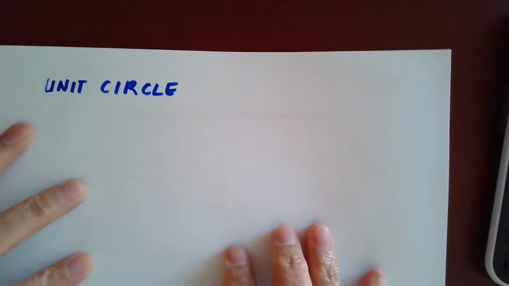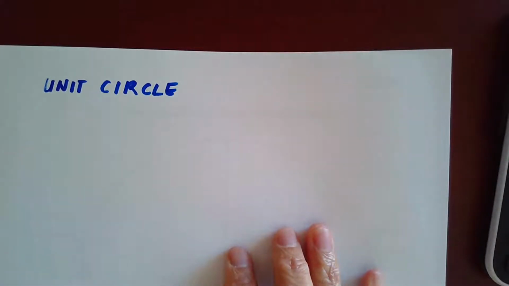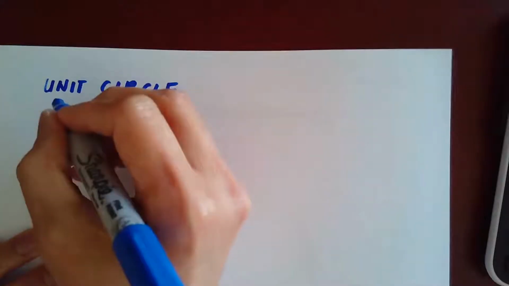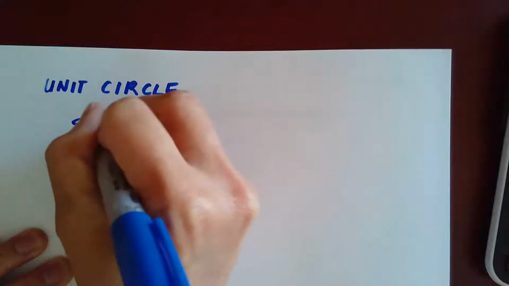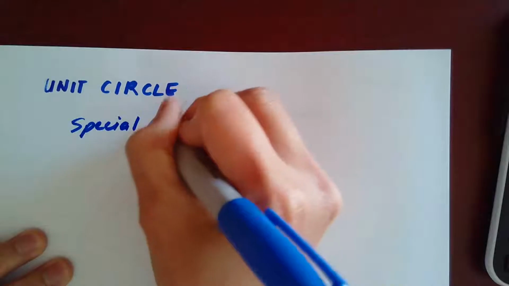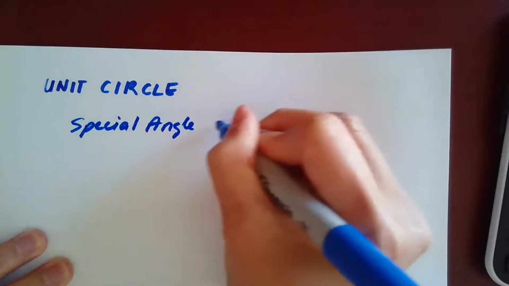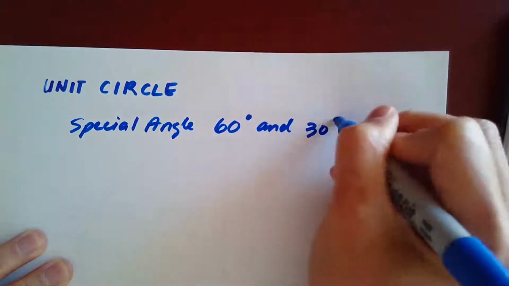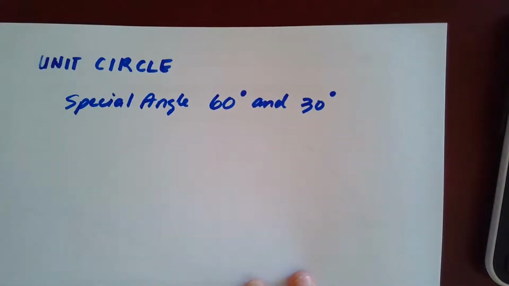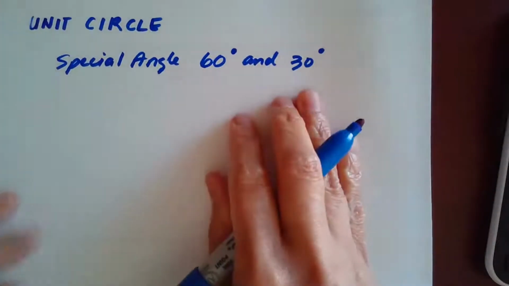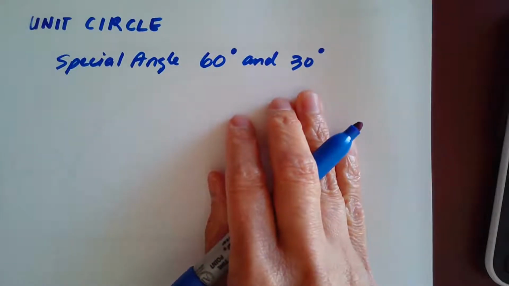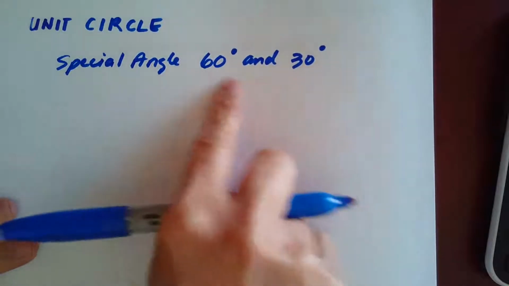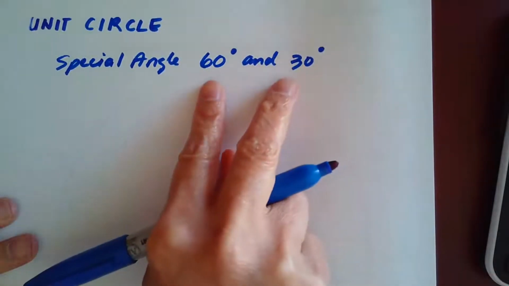A unit circle. Now in this case, we're going to do special angles, 60 and 30 degrees combined. Okay, so how do we figure out the exact values for the trig ratios for these two angles, 60 and 30?